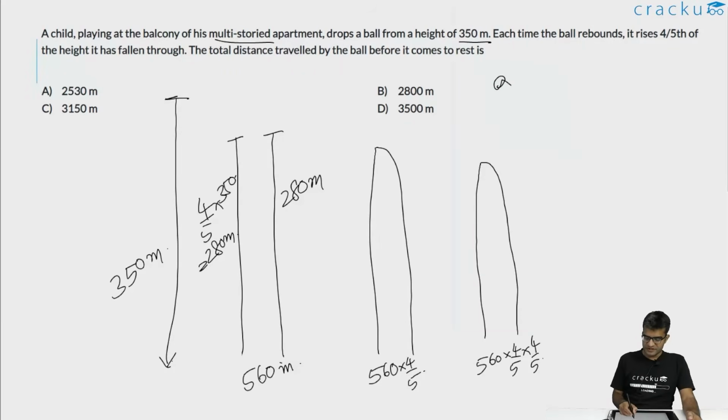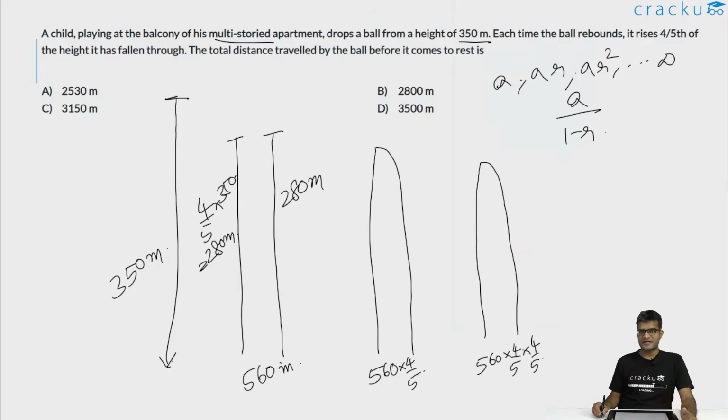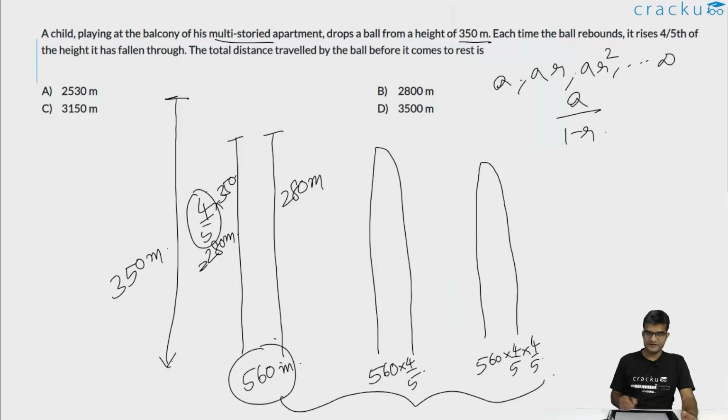In a geometric progression where the first term is A and the common ratio is R, if the series is A, AR, AR square and so on till infinity, the sum of this geometric progression is A divided by 1 minus R. In this particular case, the first term is 560 and the common ratio is 4 by 5, so the sum will be 560 divided by 1 minus 4 by 5, which is equal to 2800 meters.